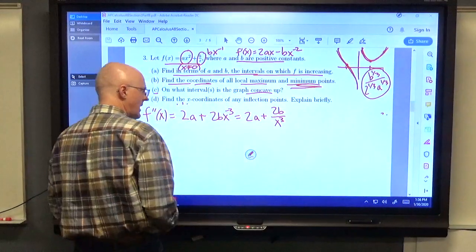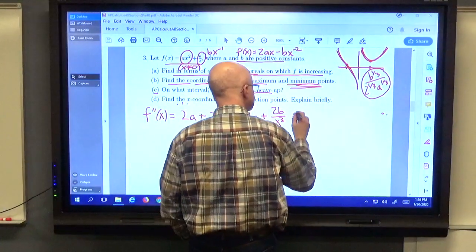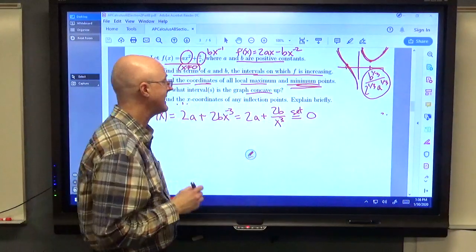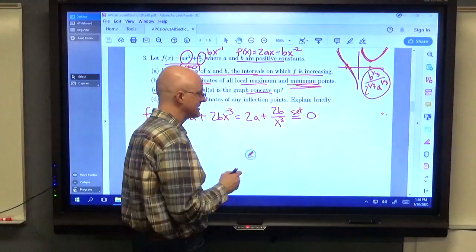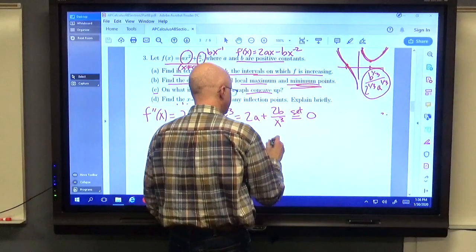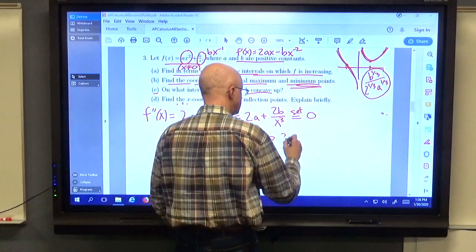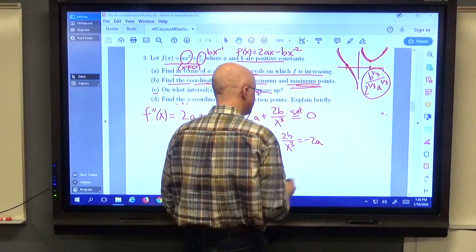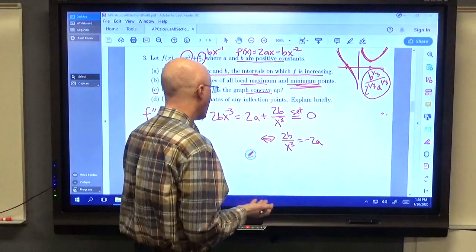Is it positive anywhere else? Well, where does the second derivative equal 0? It does equal 0 when x is negative. You've got to realize x could be negative here. That equation is equivalent to 2b over x cubed equaling negative 2a. Flip the fractions.